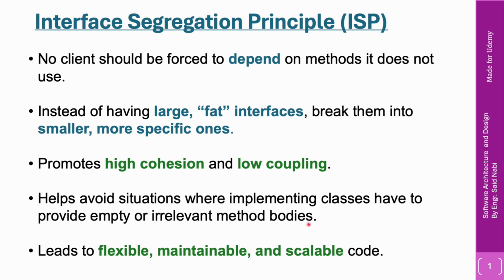So we need to remove this extra work, and we need to create only interfaces of methods which can be used by the client. If we follow this principle, we are going to get flexible, maintainable and scalable code.